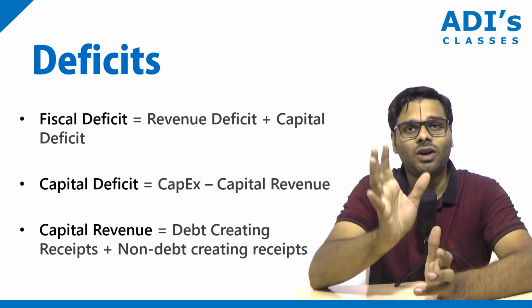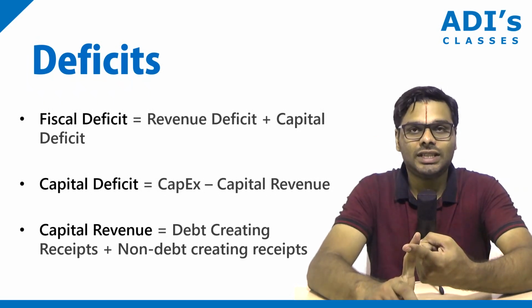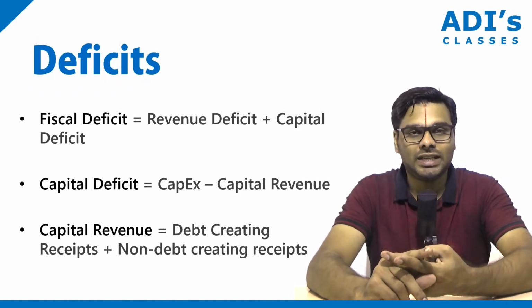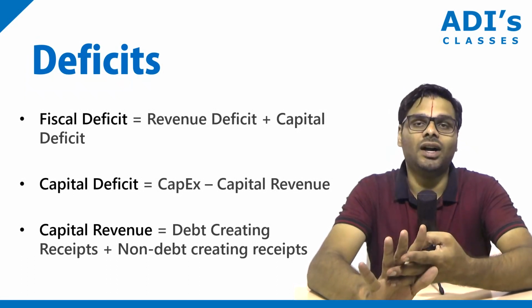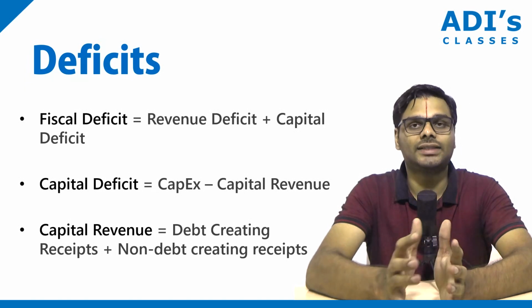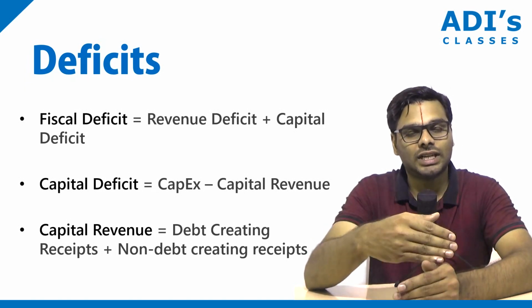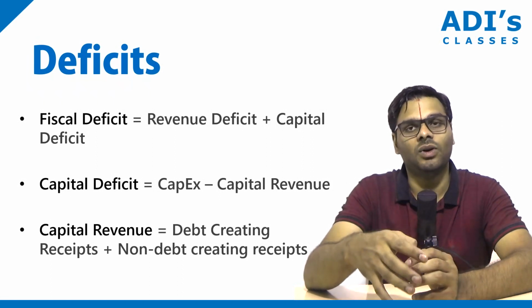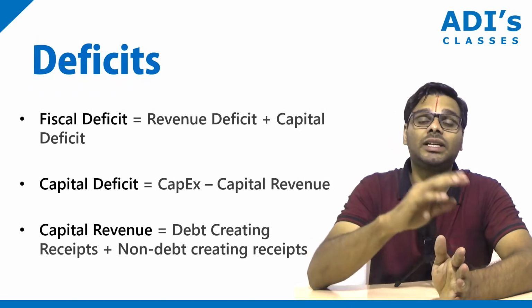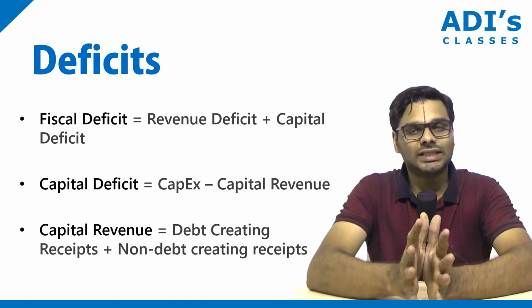Hence, taking all of this together, we look at fiscal deficit as revenue deficit plus capital expenditure minus non-debt creating capital receipts. So, these are just different ways of looking at the same term. We are just looking at fiscal deficit and gross fiscal deficit now, and you can express it in many different ways. I hope this is clear.